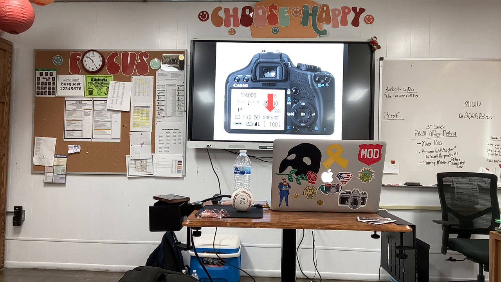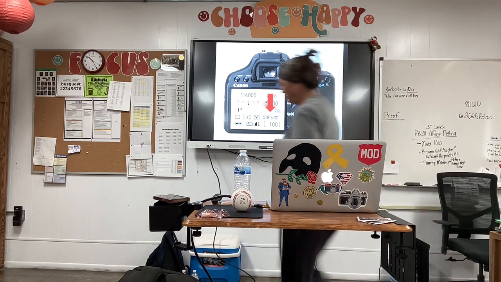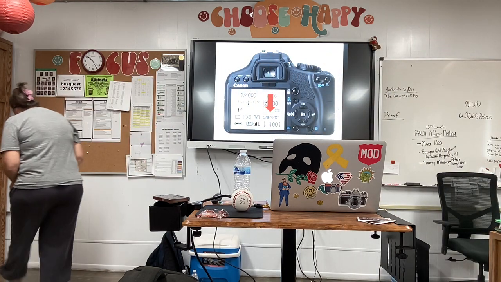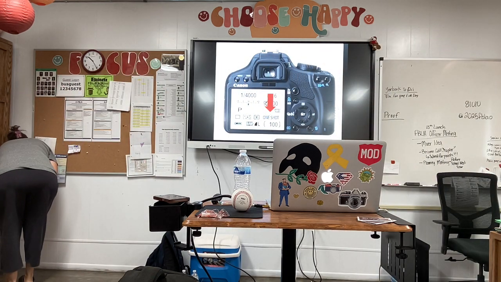So you have single, you have auto servo, single servo, and continuous servo. If you back it out further, you should have more options. But what you're going to want right now is probably continuous servo.